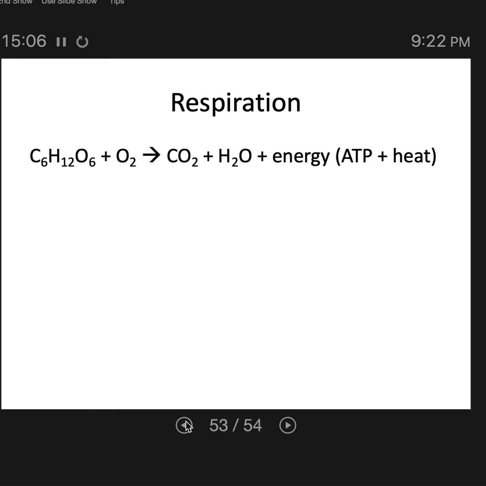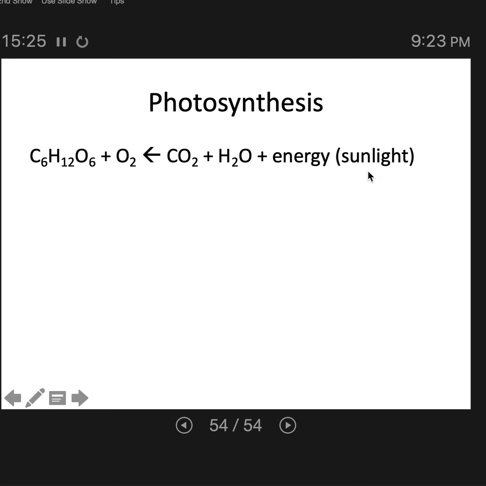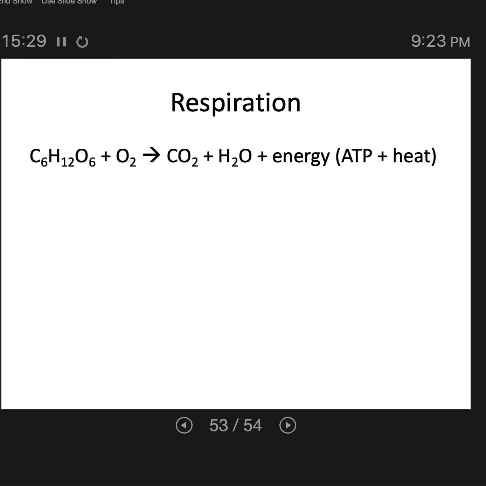And then the night comes, and those photosynthesizing organisms, cyanobacteria, algae, plants, respire during the night. They take that sugar, they extract the energy from it in aerobic respiration, and release the ATP to do cell work. So photosynthesizing creatures use both. They use photosynthesis to capture the sun's energy and store it as sugar, and then they burn that sugar to generate ATP to do the work of the cell, the activities of the cell.